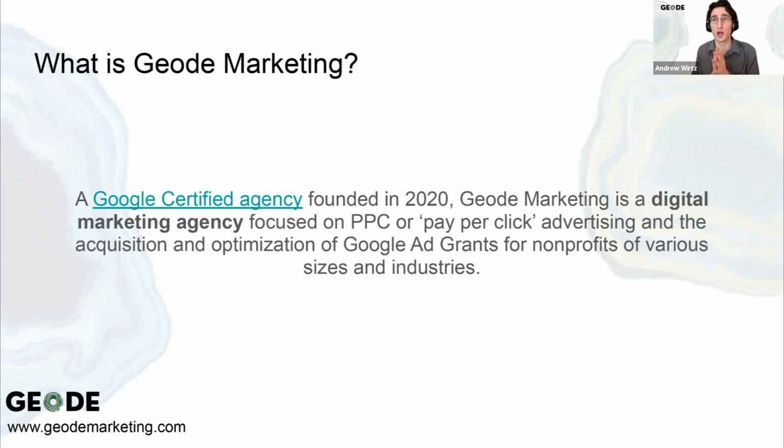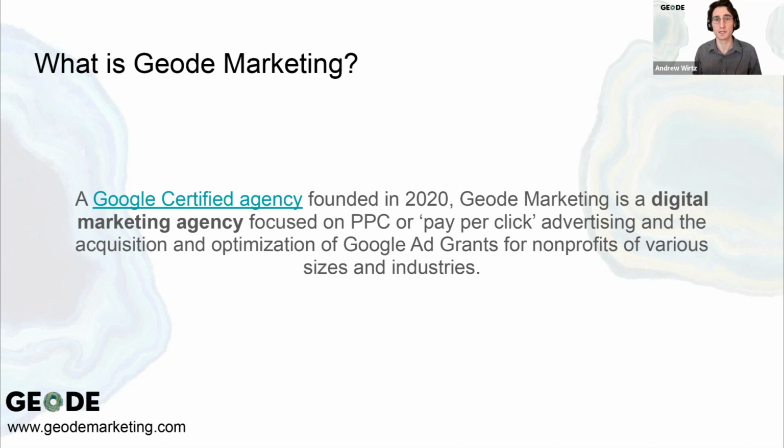So that's where Geode Marketing comes in. We are a Google certified agency, founded in 2020, as you can find on our website. We focus on PPC, or pay-per-click advertising, so Google Ads, Bing Ads, all of these on search results pages.